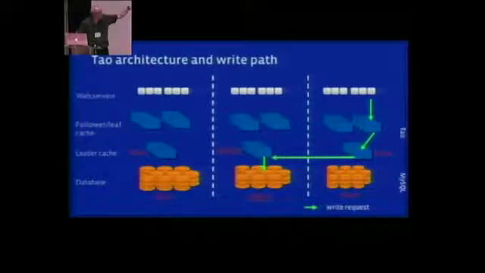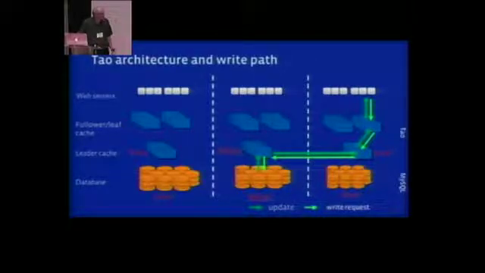That's the green arrow. We tell the follower cache, please update this data. It forwards it to the slave cache, which talks to the master cache, which then talks to the master. So that's 1, 2, 3, 4 hops until it hits the master. So we write it, and we update everything.